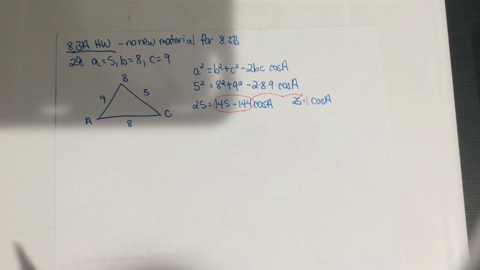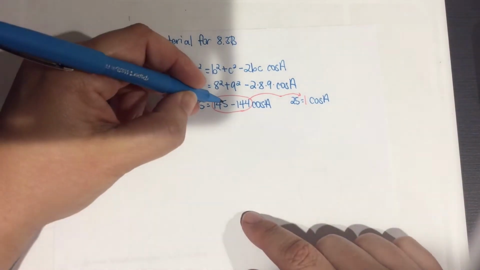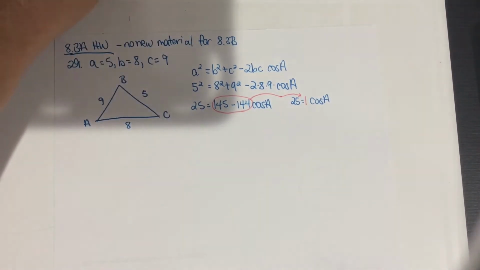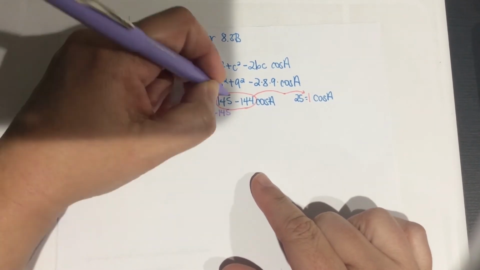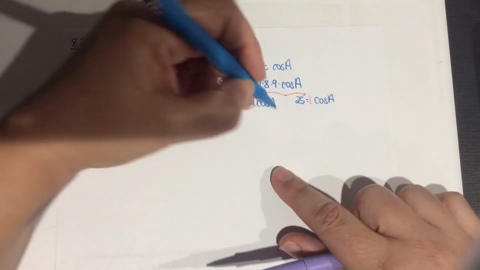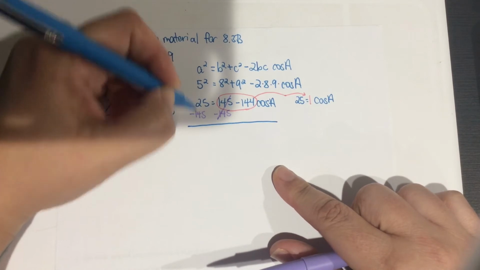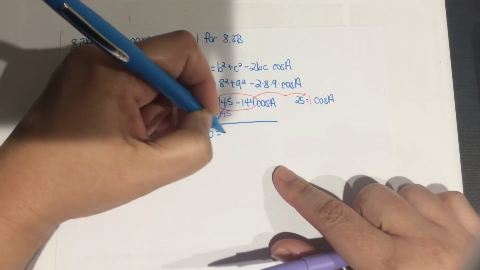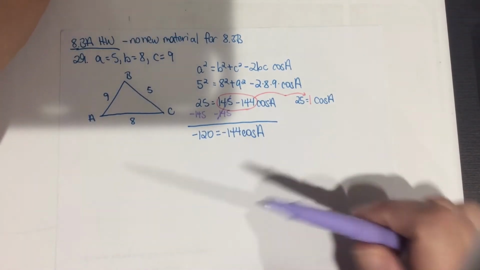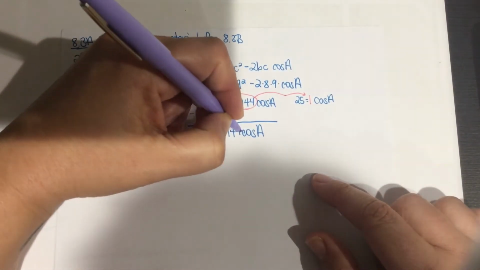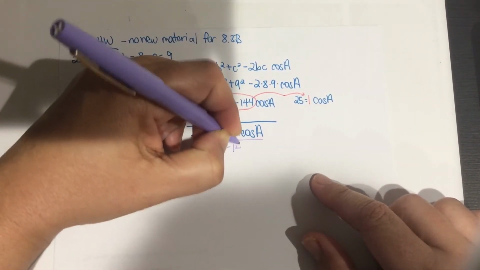So what we're going to do then is start solving. We're going to subtract the 145. I'll show more work for this, just in case anybody needs it. Subtract 145 to get rid of the positive 145. So we get negative 120 equals negative 144 times cosine of A. Now, like I said before, this is attached with multiplication, so we're going to divide.